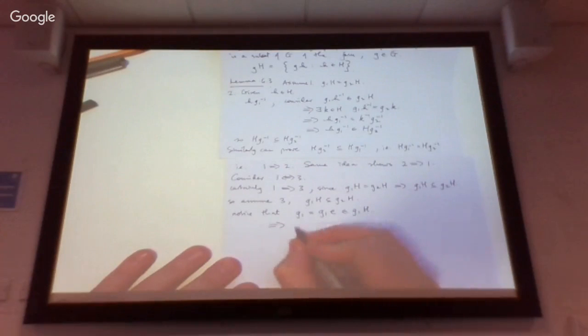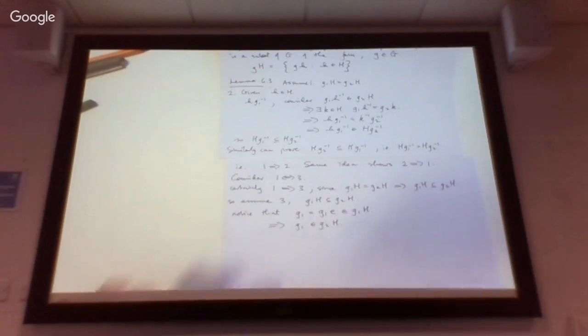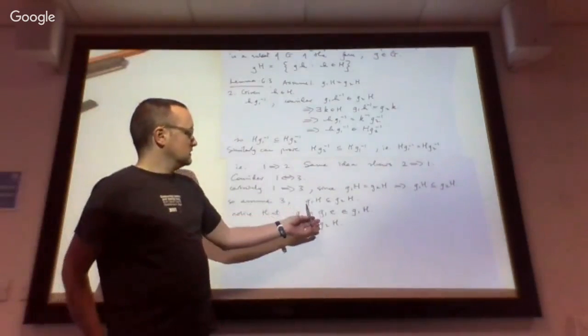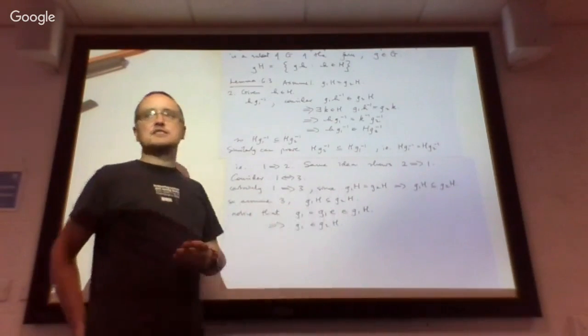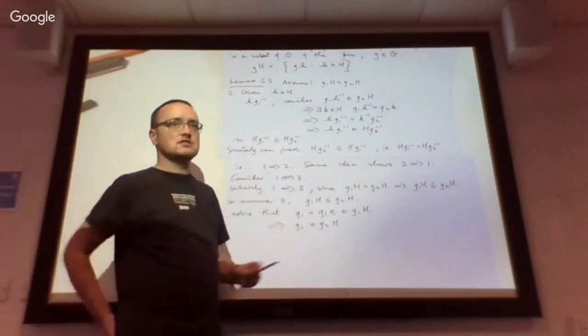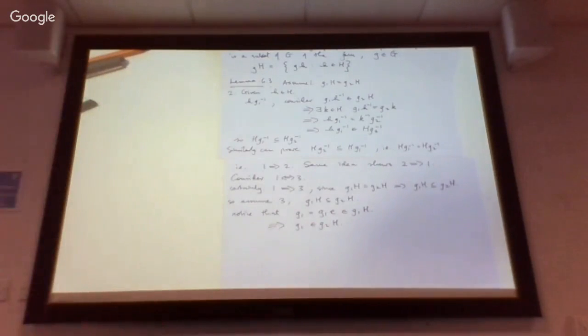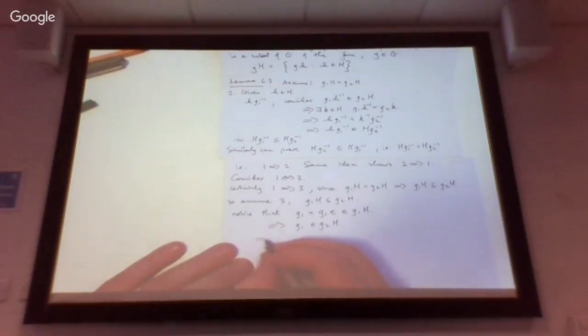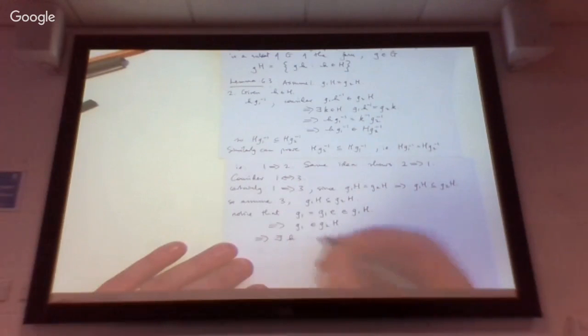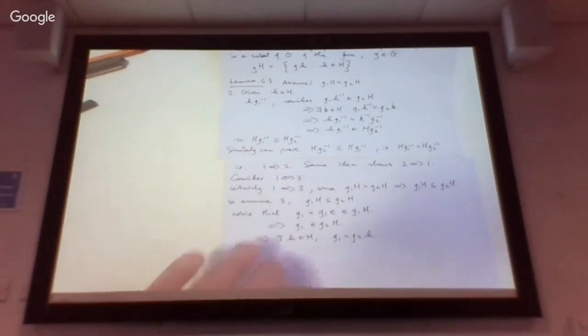So that implies that G1 is an element of G2H, the left coset of G2, because we're assuming that the left coset of G1 is contained in the left coset of G2. So there must exist some little h in the subgroup H such that G1 is equal to G2 times little h.